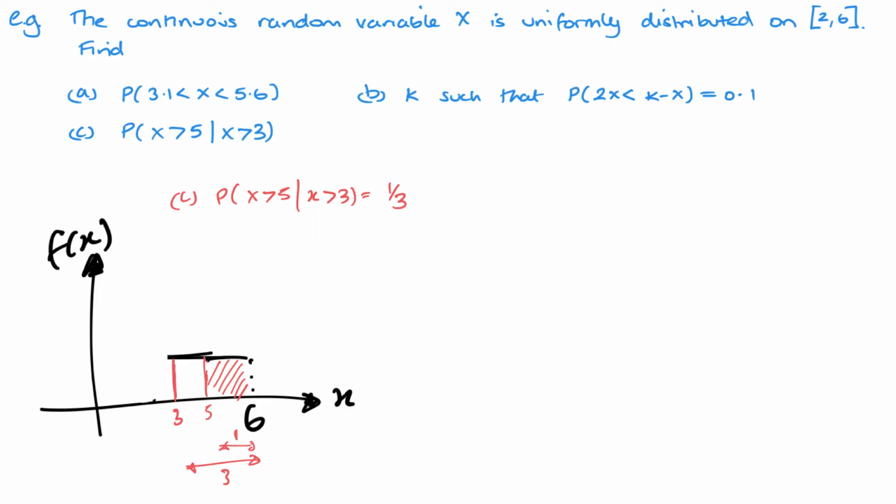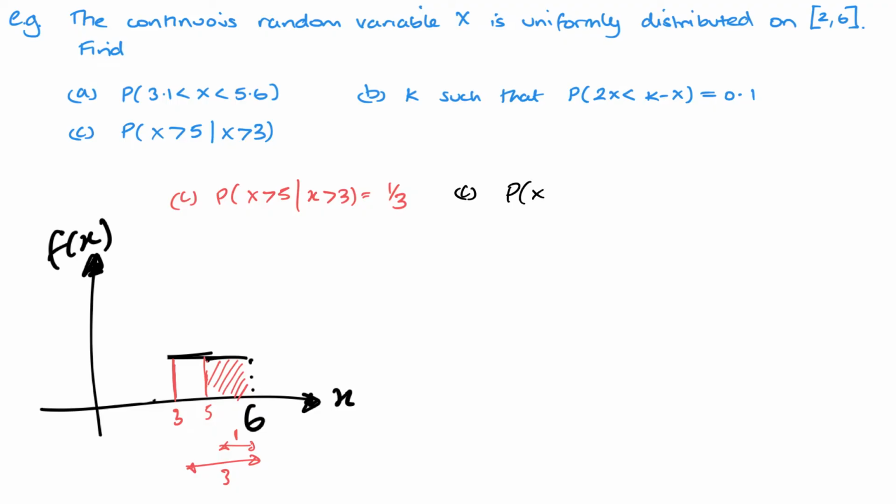Hopefully that makes sense. Now, as I said, I'm going to show you another method. That's the way I tend to do it, just by looking at it as a probability over a probability essentially. Let's look at it using the formulae that we learnt during S1.